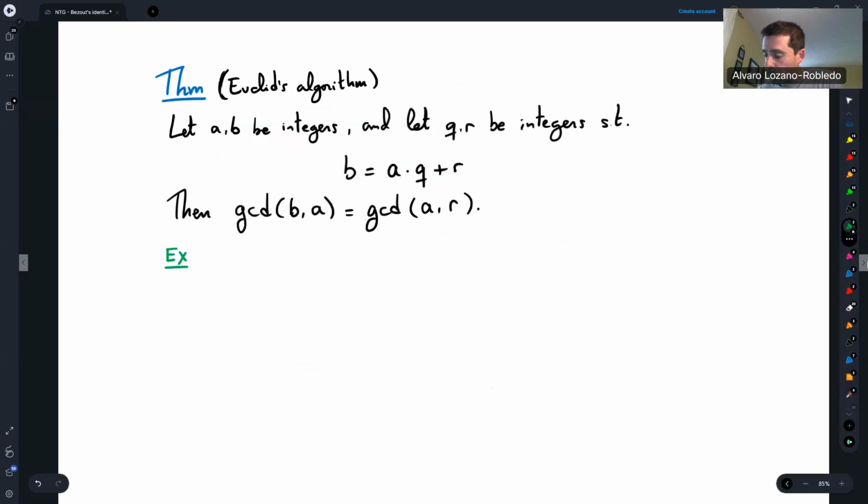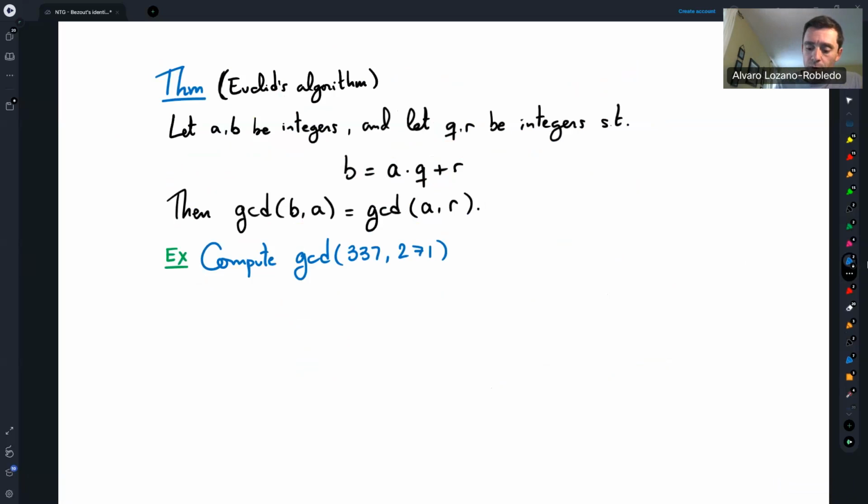So for example, let's do an example here. Let's compute the GCD of 337 and 271. Okay, so what we do is start doing long divisions.